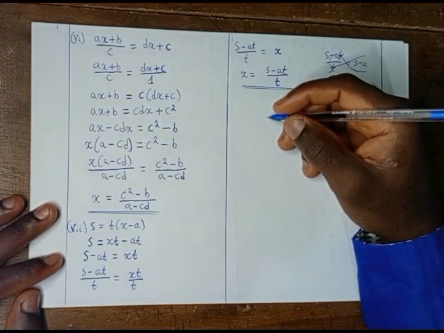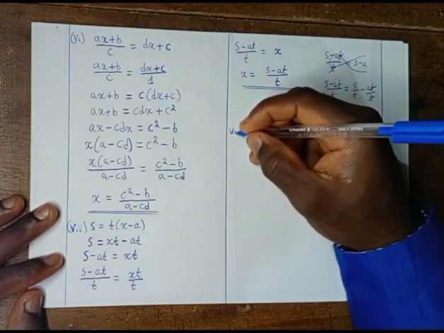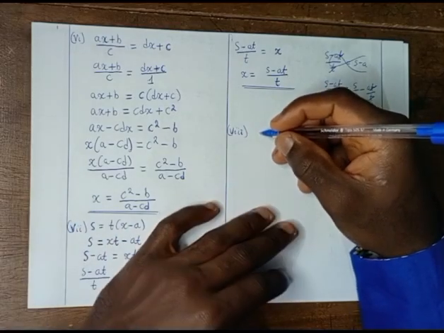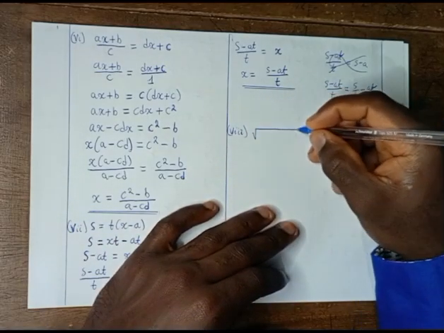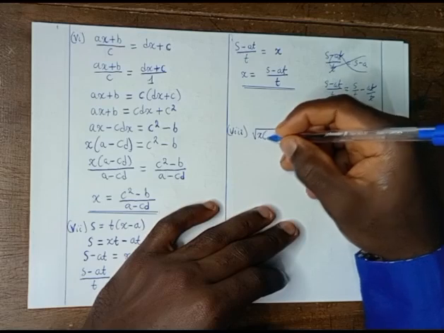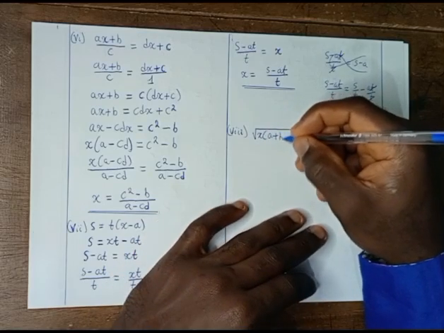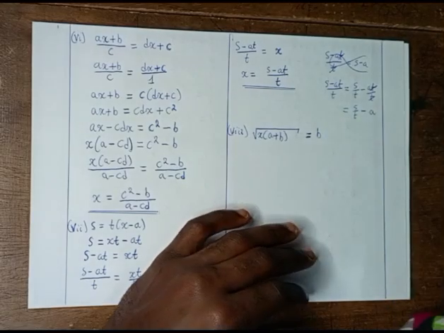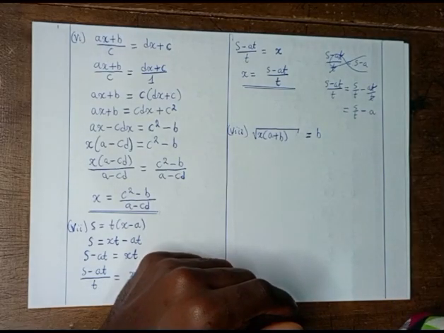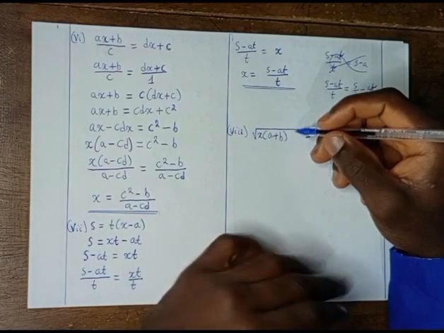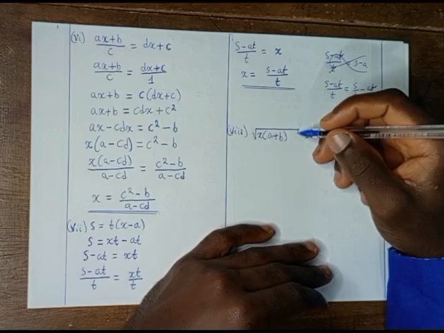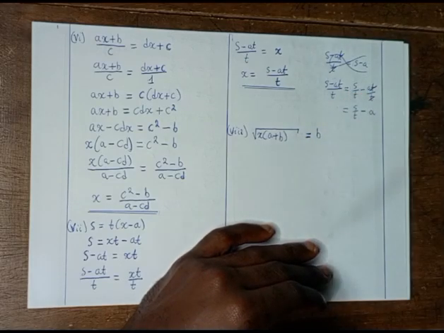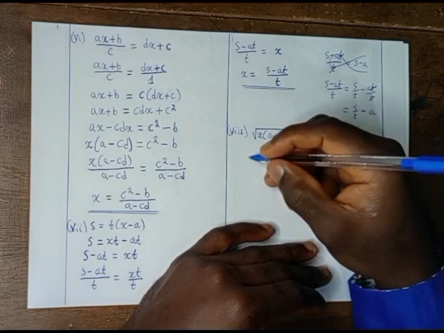Now we go to vi. For vi, we have the square root of x times a plus b is equal to b. For us to make x the subject of formula here, the first thing we need to do is remove the square root sign. The only way we can remove this square root sign is to square both sides of this equation.